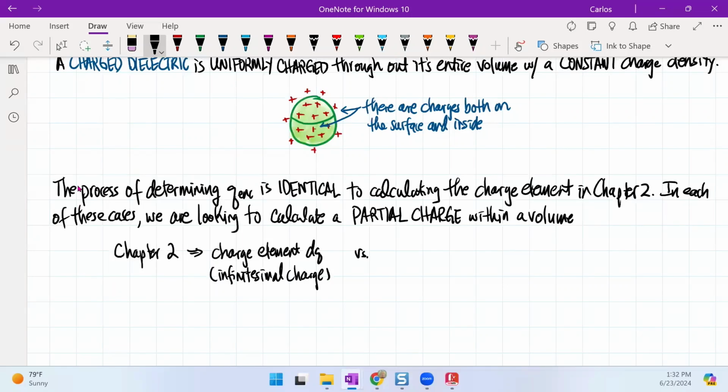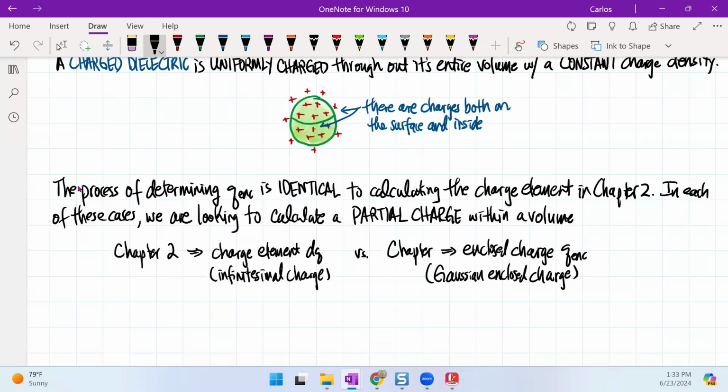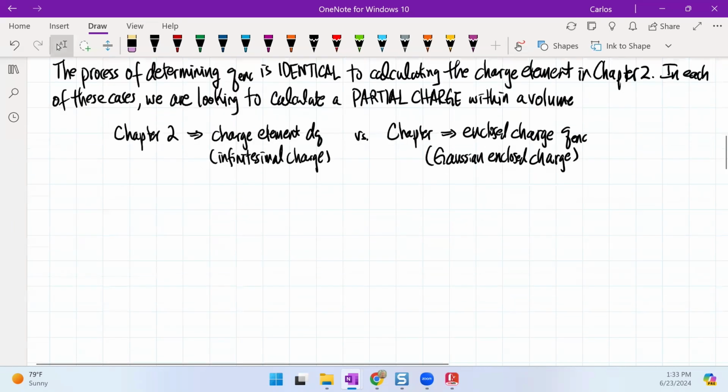Now in chapter 3, we're looking at the enclosed charge, Q enclosed. What we mean by that is the Gaussian enclosed charge. And it all starts with the charge density. So let's jump right into that.